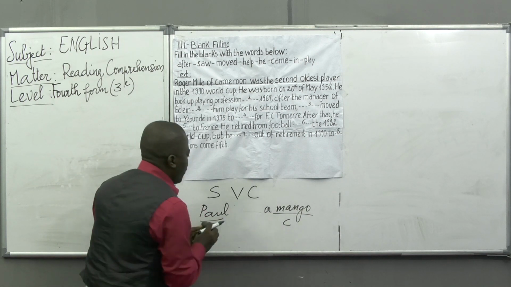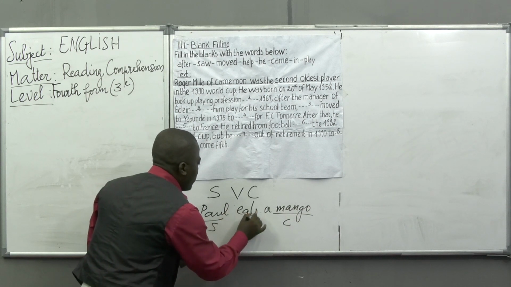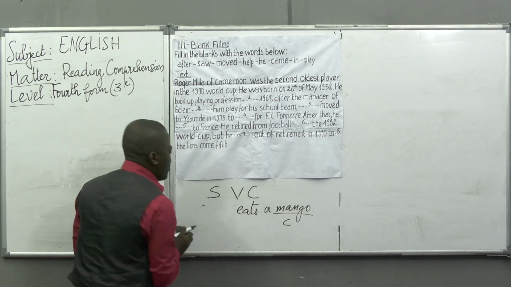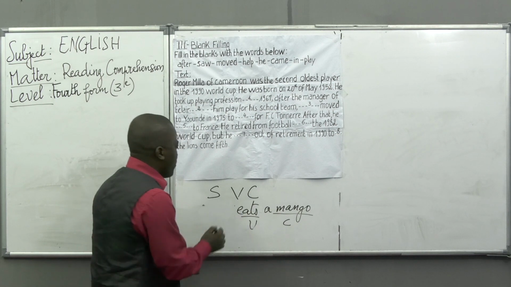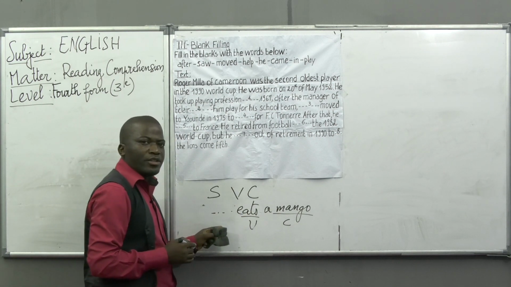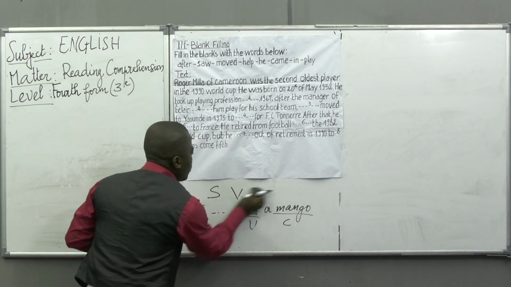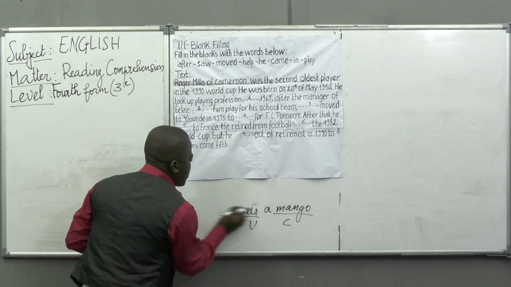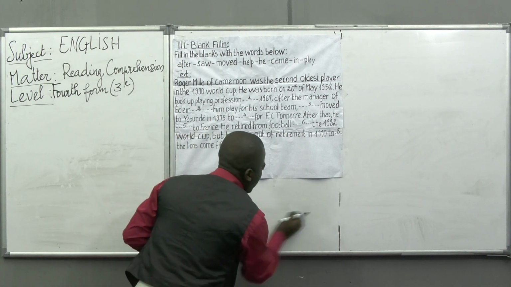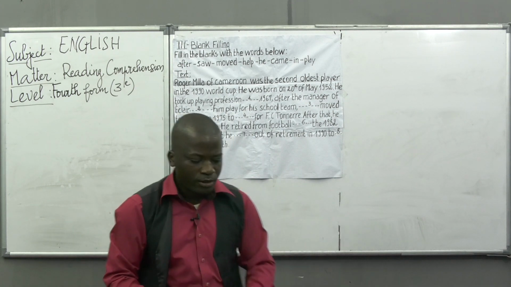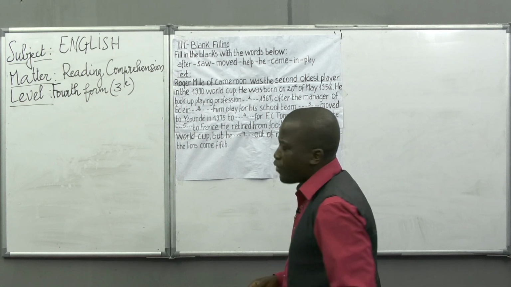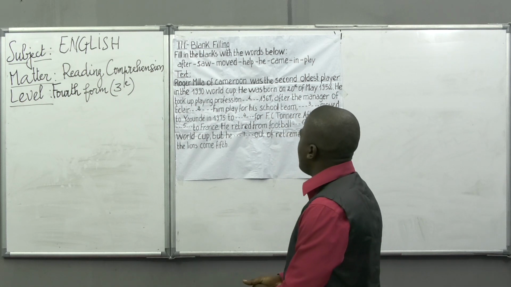Now, if we have the verb here and the subject is missing, as this is a verb, then the missing word is a subject. Remember, class. So, do not fill the gaps at random. Good. Now, let's look at the different words that we have been given.